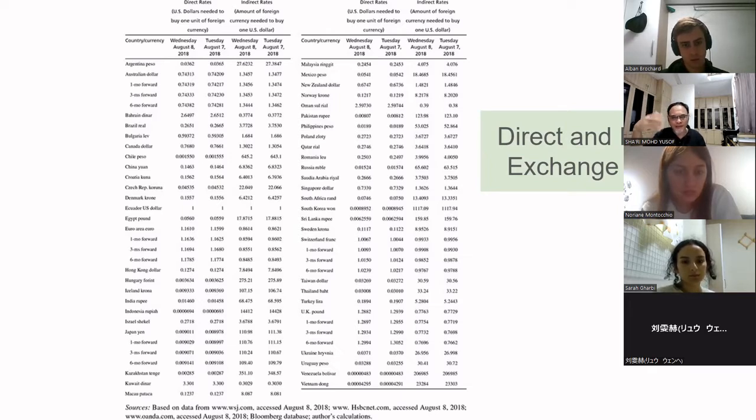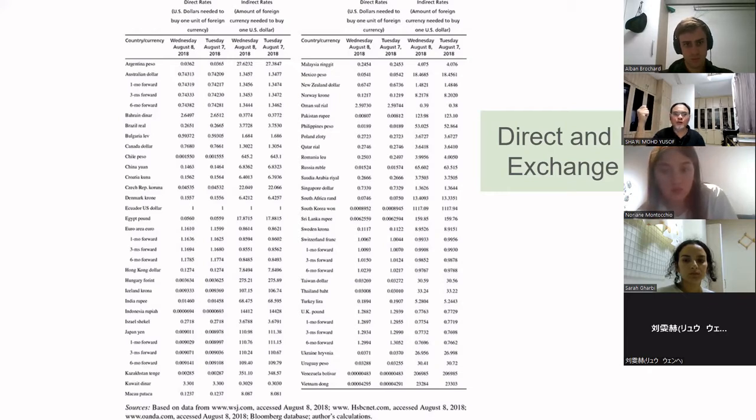Which one do you prefer, indirect or direct? To me, the indirect. For example, now you are going to buy euro, so you want to know how much euro you can get for 1 dollar. This is much easier. Okay, so indirect quote.